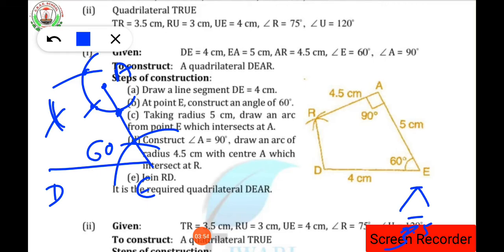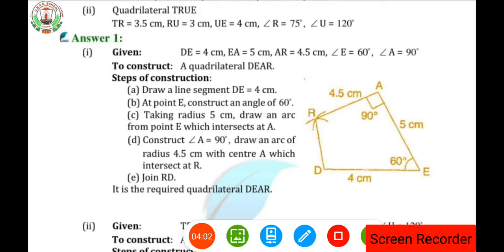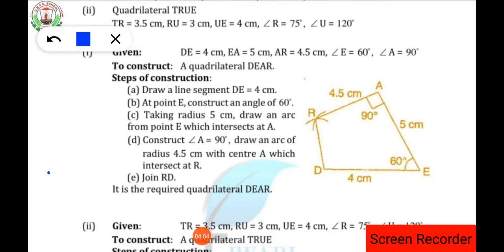Clear? You will get one intersection point. Remove your rounder, take the scale and draw one straight line passing through the intersection point. So here you got 60 degree and 90 degree with the help of the rounder. Clear? You very well know how to draw 60 and 90 degree, isn't it?